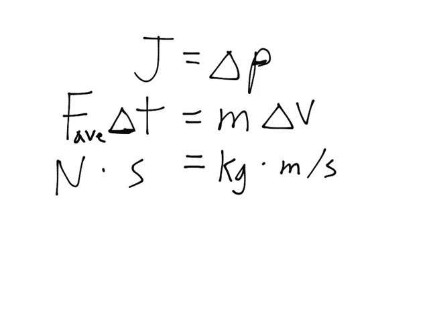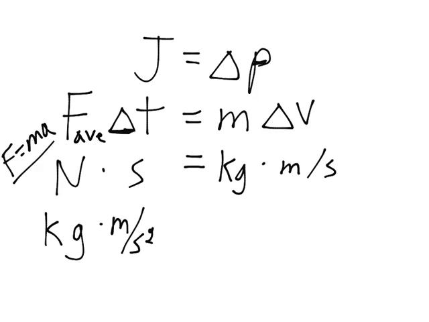And so you should remember that newtons are kilograms times meters per second squared. Because remember, newtons are force, and since force equals mass times acceleration, we know that newtons are kilograms, which is mass, times acceleration, which is meters per second squared.